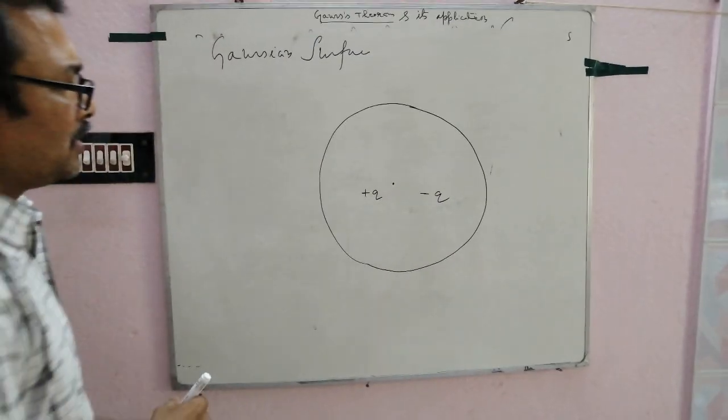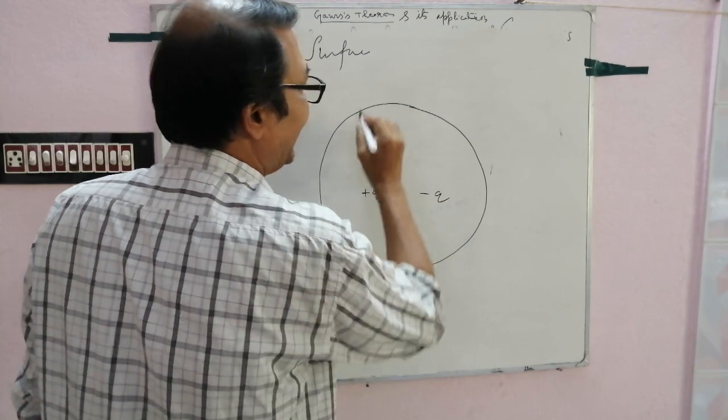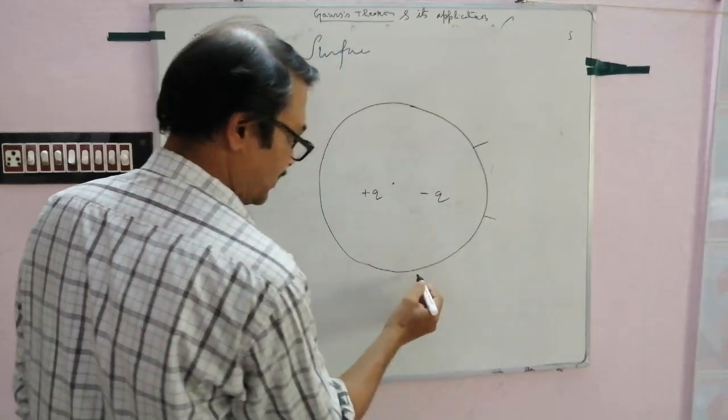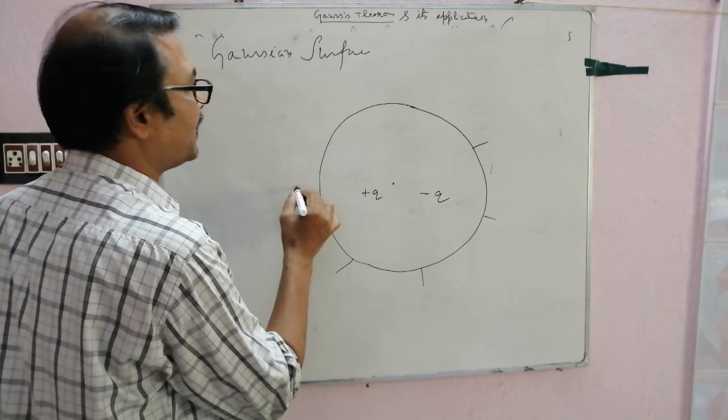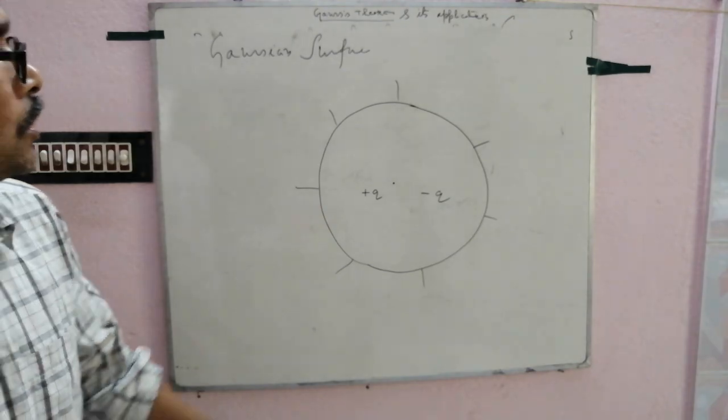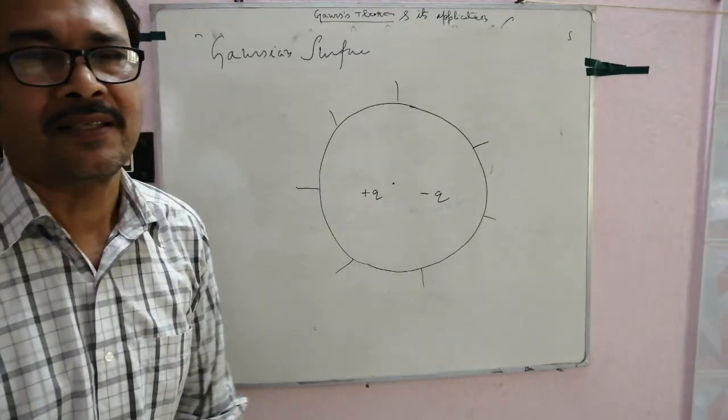The Gaussian surface will be such that at every point on this surface the intensity of the electric field will be the same, and the flux will be normal to the surface.